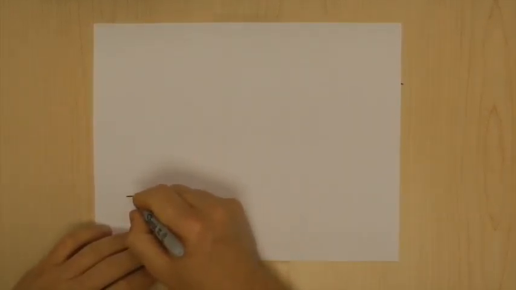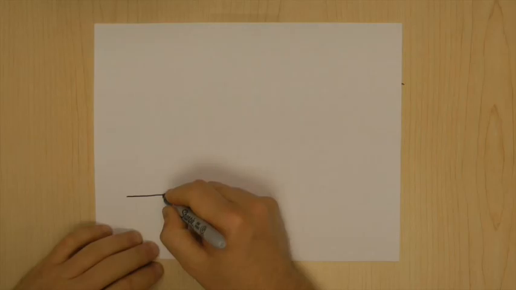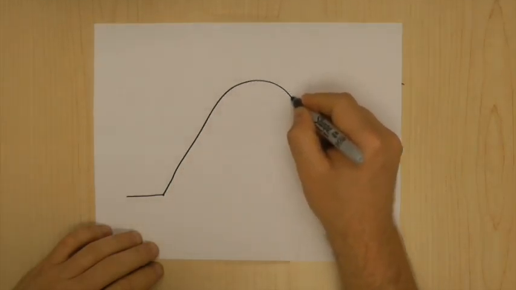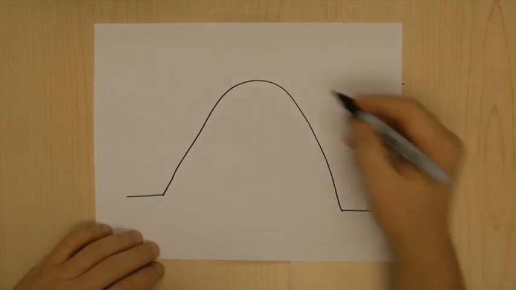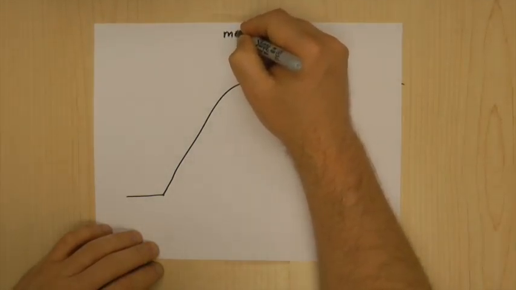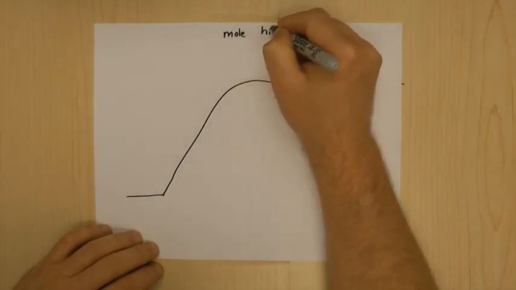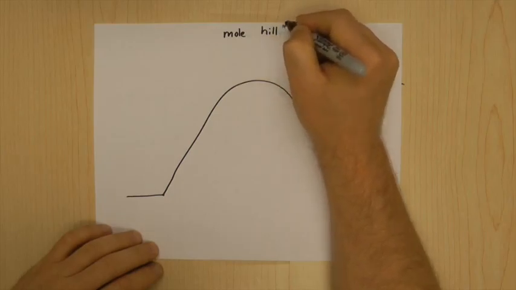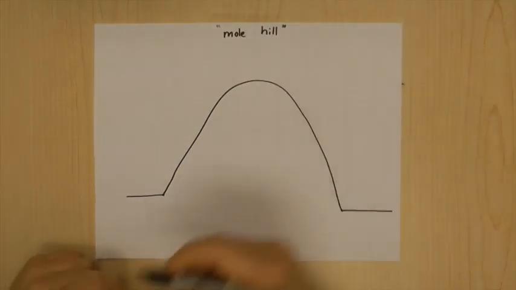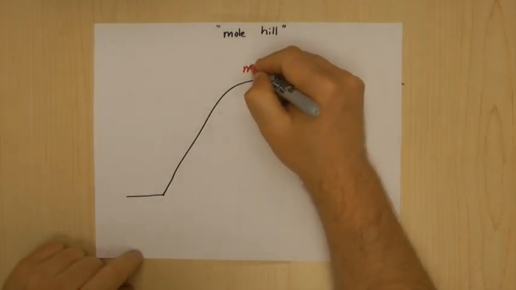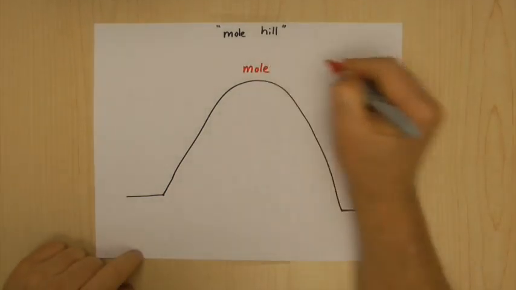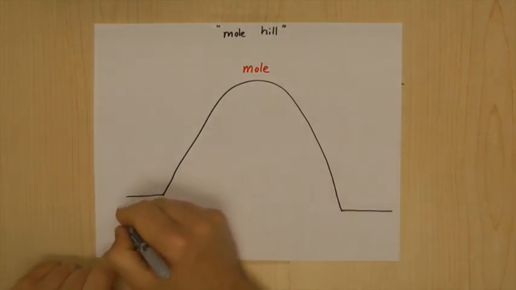Here we'll just have a little street, and then there's a big hill. And then the street starts on the other side. This is called a molehill. And at the top of this hill is the mole. Over here, on this side of the hill, is grams.